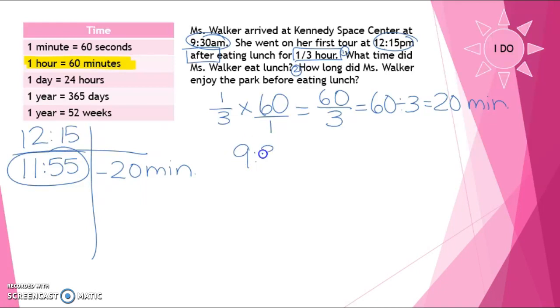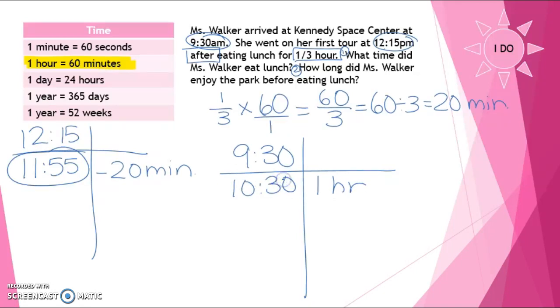And then how long did she spend at the park before eating lunch? So now we have to count from 9:30 to 11:55. So let's do 1 hour. That's 10:30. Another hour. That's 11:30. And how do we do 55 minutes? Well, let's add 20 minutes.